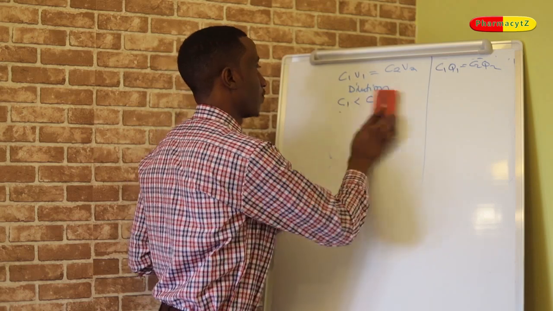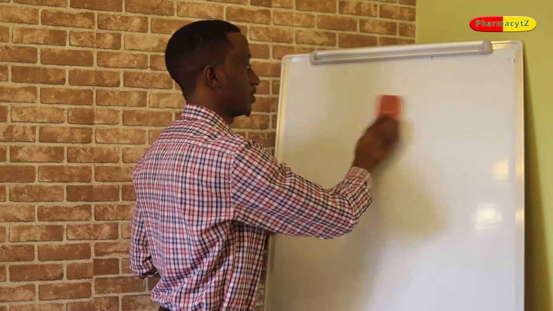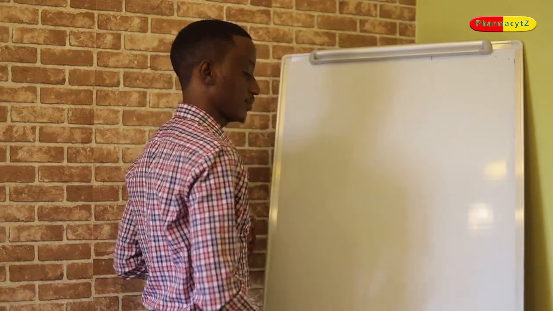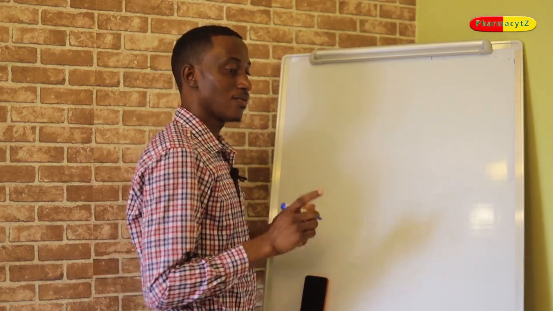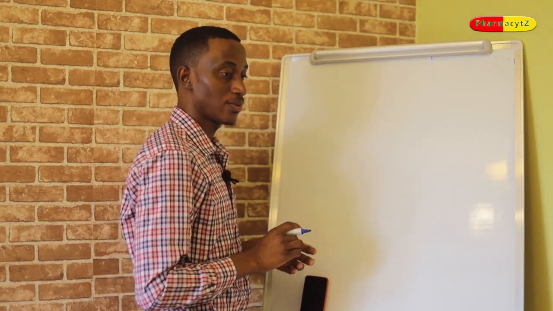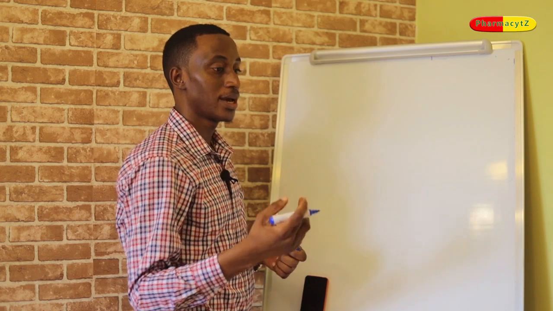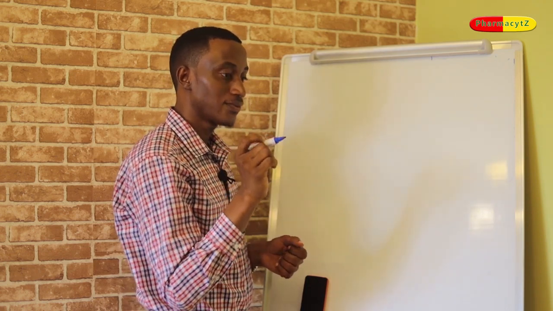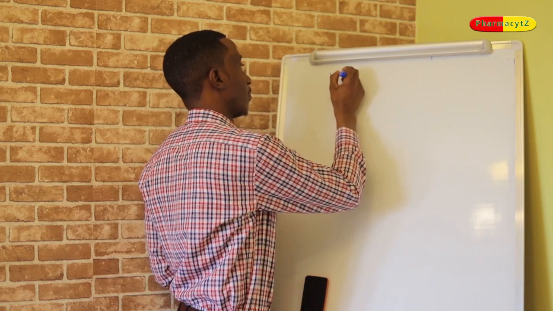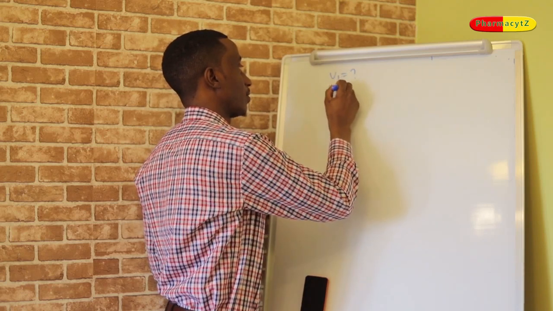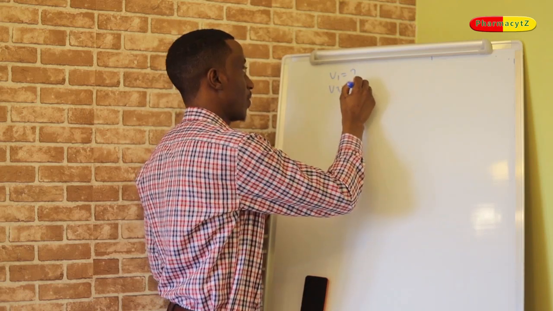Now let's solve the question. So we are needed to calculate the volume of alcohol, 90% volume in volume, needed to prepare. So if it is needed to prepare, then we need volume 1. Volume 2 is 400 ml.